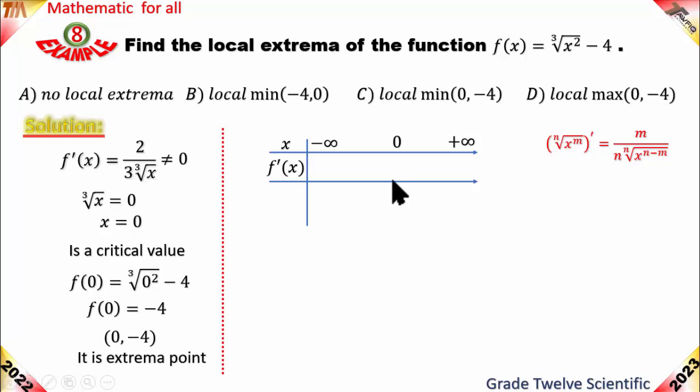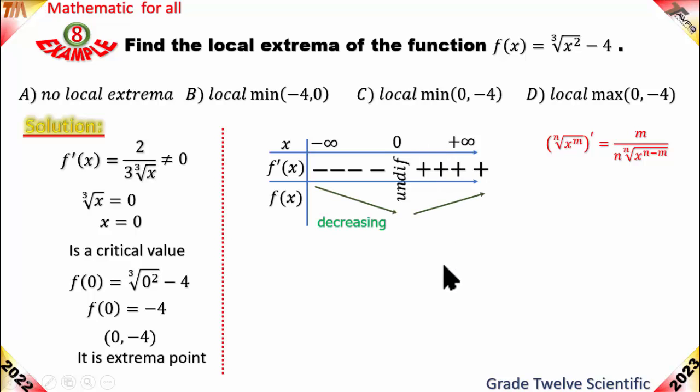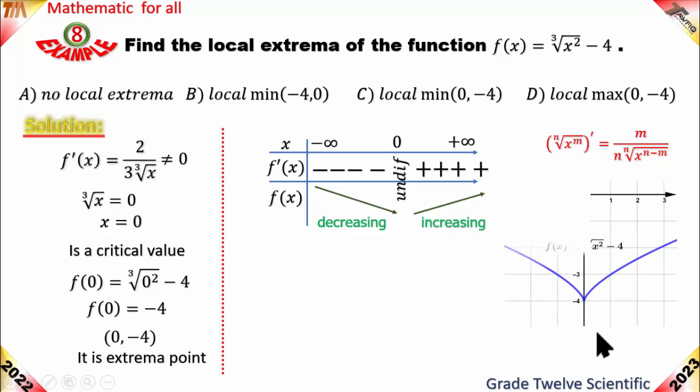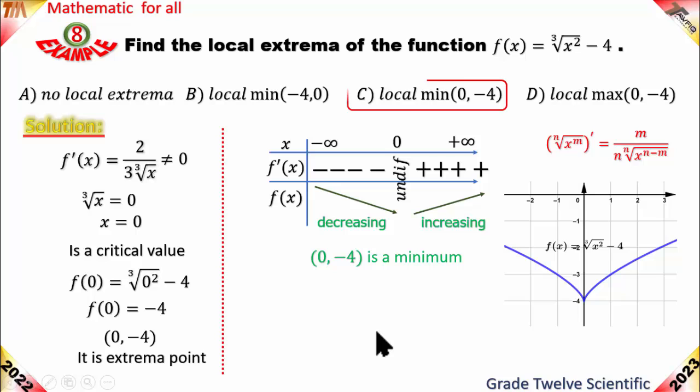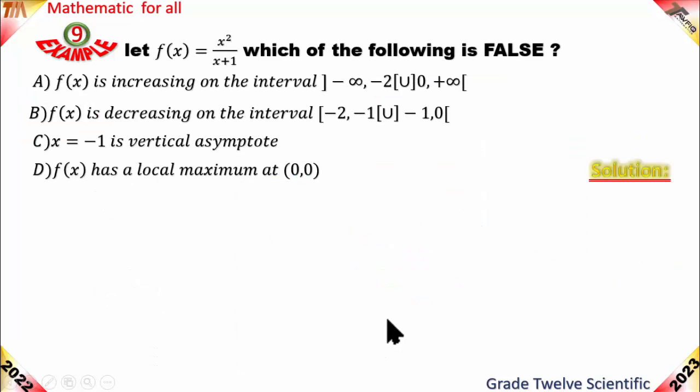F prime of x is undefined at 0, and if we take a negative number it becomes negative, and if we take a positive number it becomes positive. That means the function is decreasing, after that increasing. That means it has a local minimum. (0, minus 4) is a local minimum point. That means C is the correct answer.